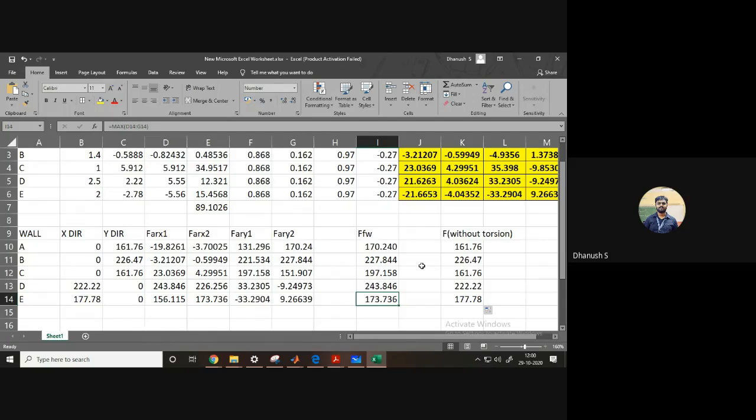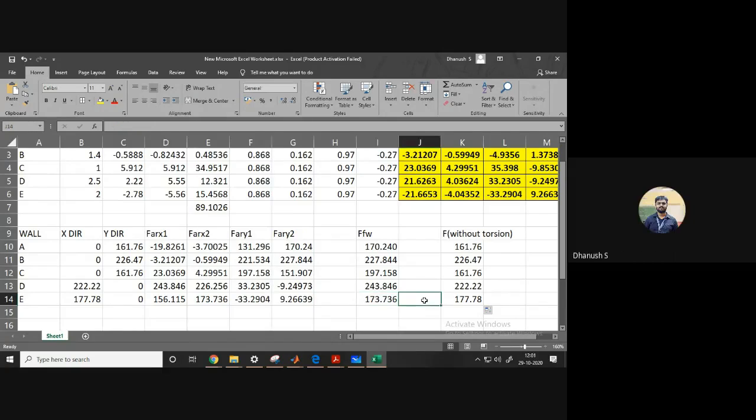When I'm not considering torsion, the force that I'm getting is 177.78. After considering torsion, due to all four eccentricity cases, somehow the value that I end up with is less than whatever I would have gotten without my torsion. Correct? So if we had to solve this problem using the old code book, which was that, before 2016? 2002.